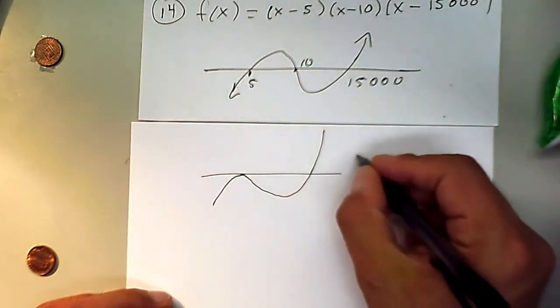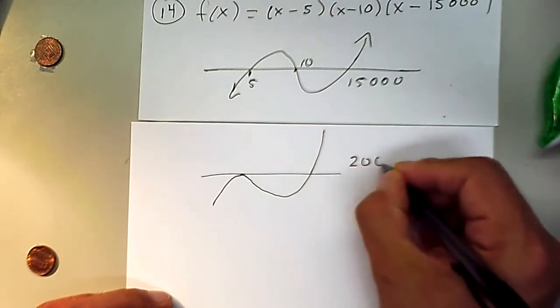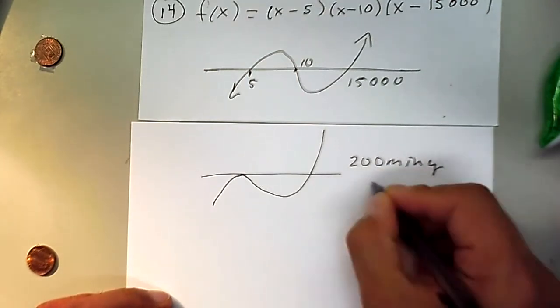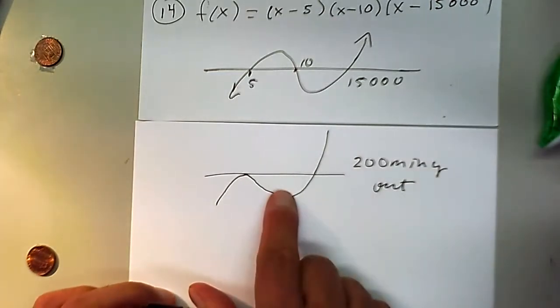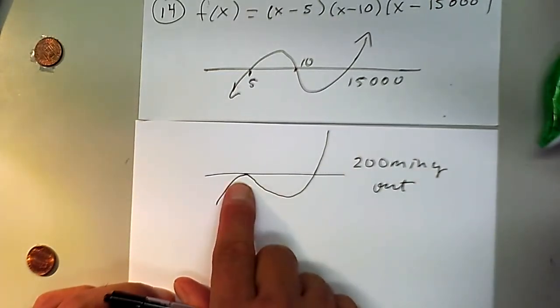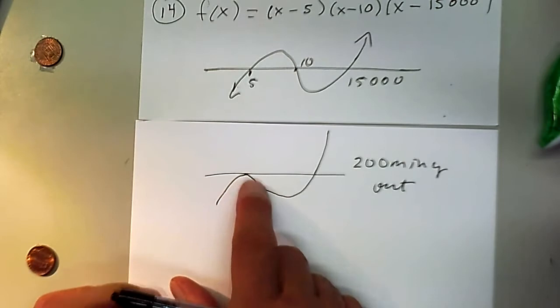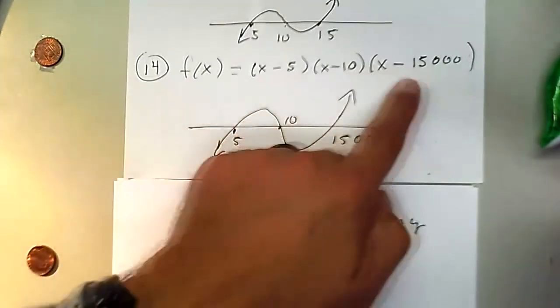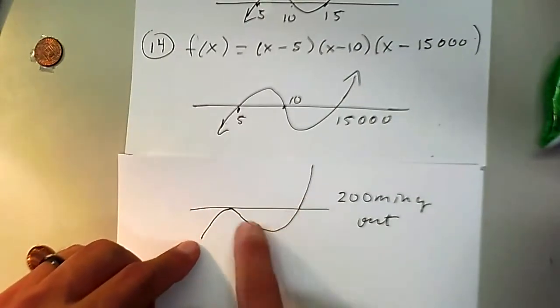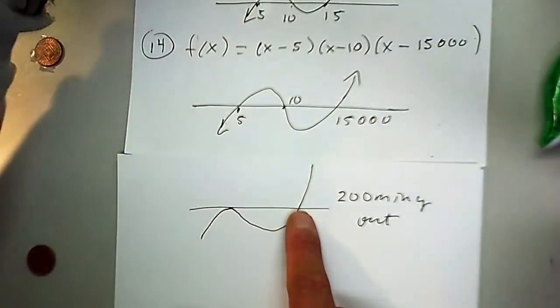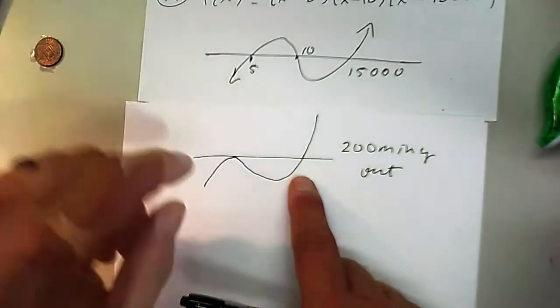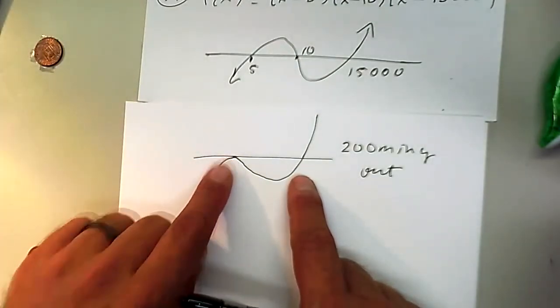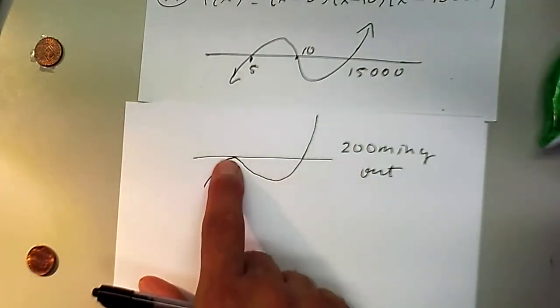So zooming out will show this beautifully, but it won't show this at all. Do the experiment. If you have a graphing calculator, put in this function and zoom out so you can see this, and that will look good, except that we won't see this part anymore. So zooming out messes up this part.